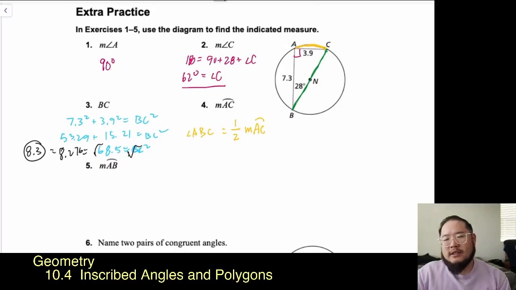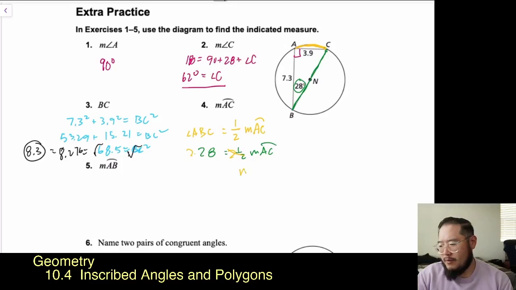We have to have one of the two unknowns right here, and if you look, we know what angle B is. It's 28. So if I go ahead and put 28, that's equal to 1/2 the measure of arc AC. So I've got to get the measure of arc AC by itself. I'm going to multiply both sides by 2, because 2 times 1/2 equals 1.